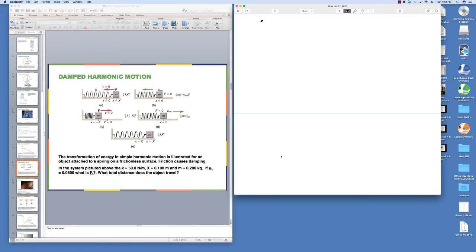Okay, first of all, in order to do this, we have to look at the friction force. Remember that friction is equal to mu k times the normal. In this case, it's going to equal mu k times mg, which is going to be 0.08 times the mass, which is 0.2, times 9.8.